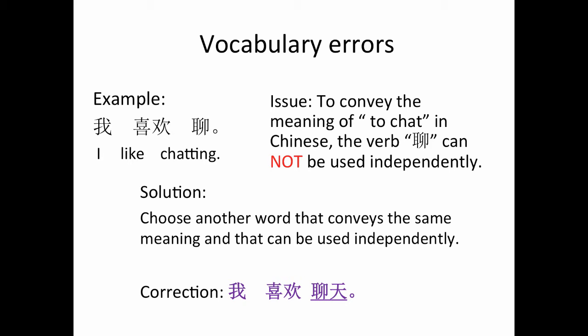So, 聊天 is the word we need to use. 聊天, which also means to chat in Chinese. Also, it can be used independently. So that's why we have the final version, that is 我喜欢聊天.